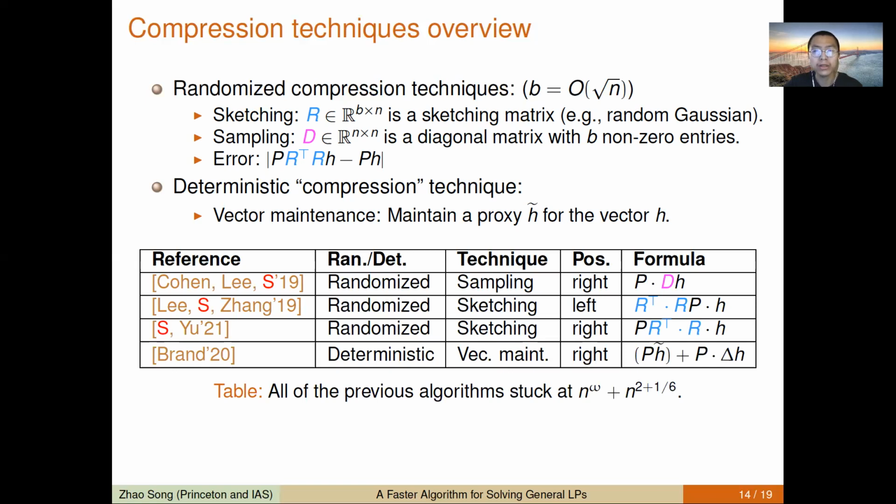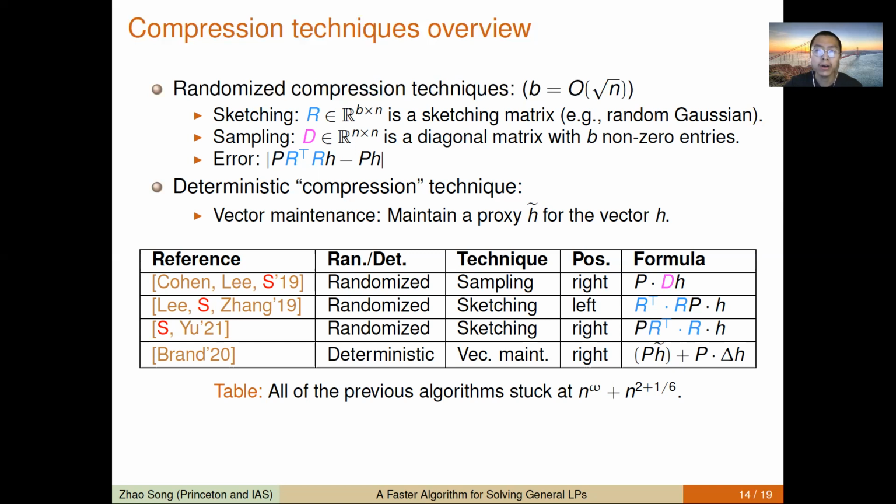All four works achieve n to the omega plus n to the 2 plus 1/6 time. In the first work, they get n to the omega time for solving LP using randomized sampling, and it basically samples on the right-hand side of the matrix P. The second and third algorithms both use sketching, one sketching on the left, the other sketching on the right. The last one is a compression technique via vector maintenance, trying to maintain a vector h.